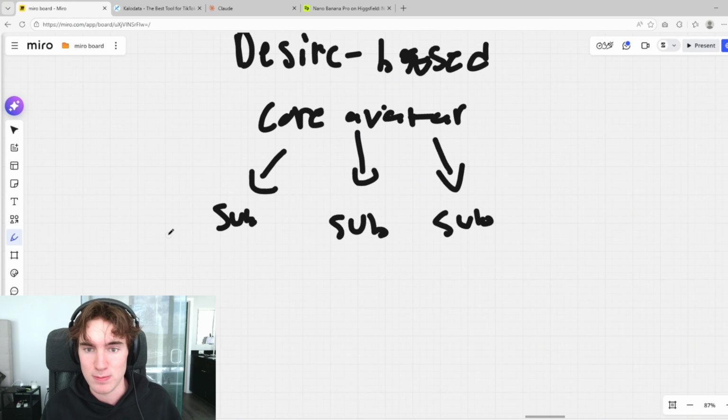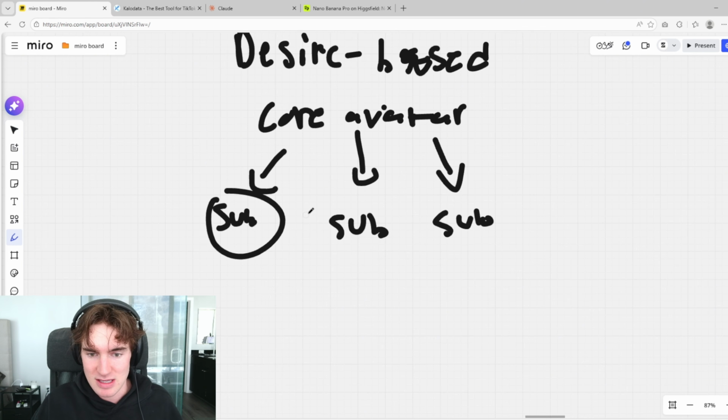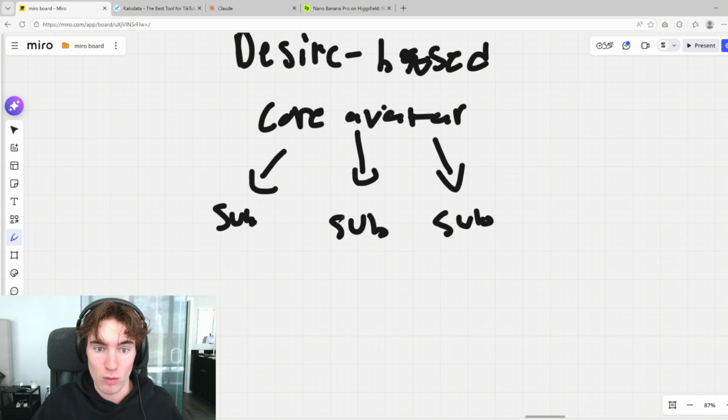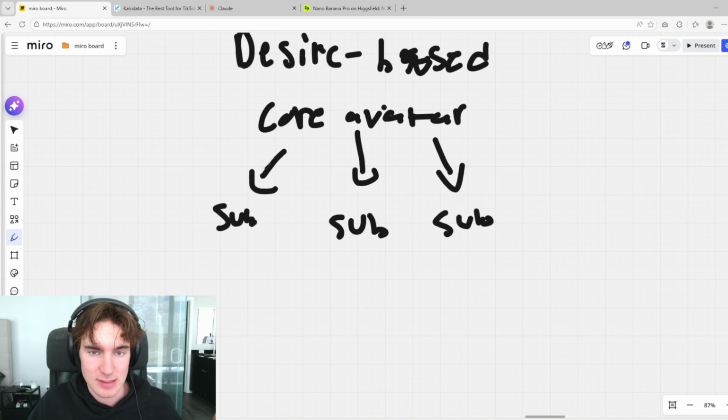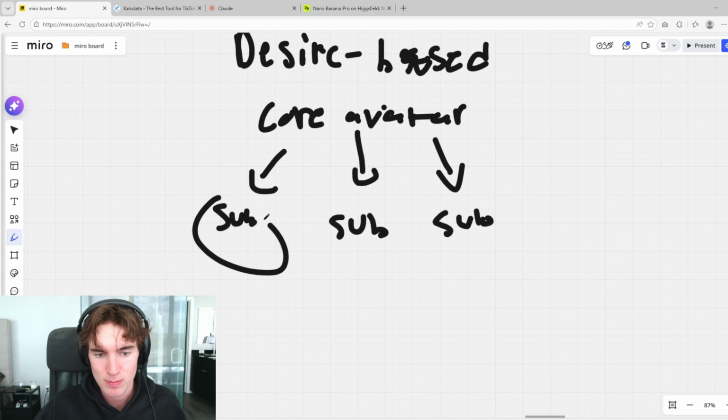You want to start hitting these sub avatars so that we can eventually scale up, and then we can also test the other sub avatars. When we start to win on one, we can test the next, and then maybe we can go back up to the core avatar and start scaling up. But when you're still not spending that much money on ads, it's very important to niche down.